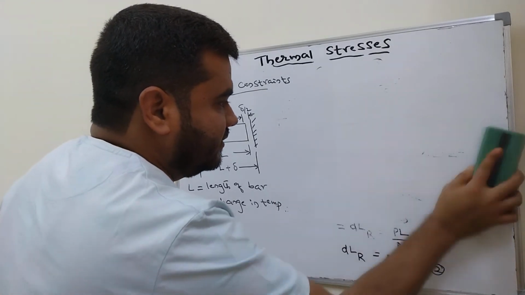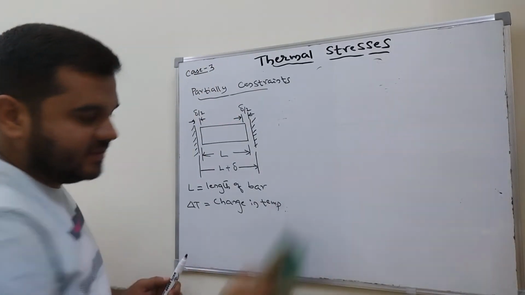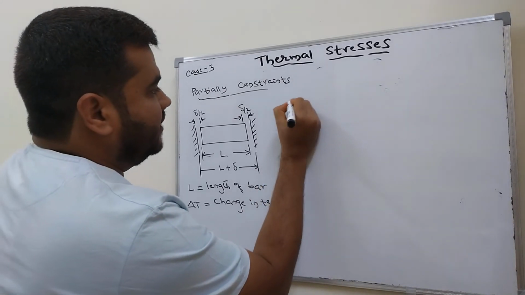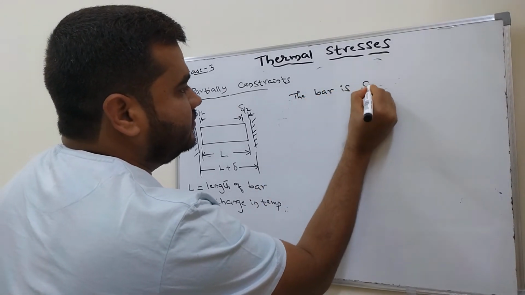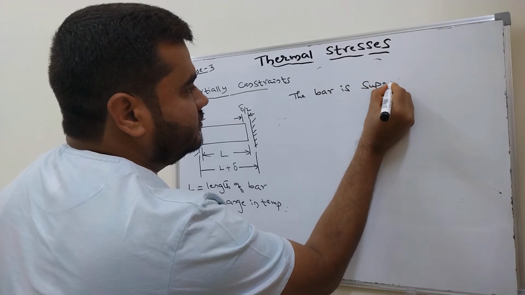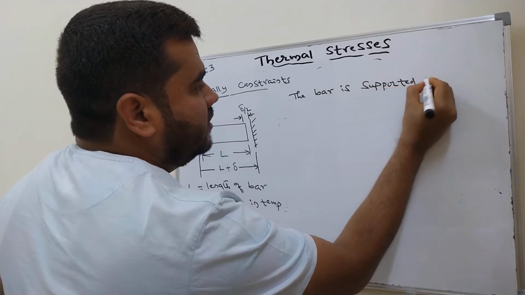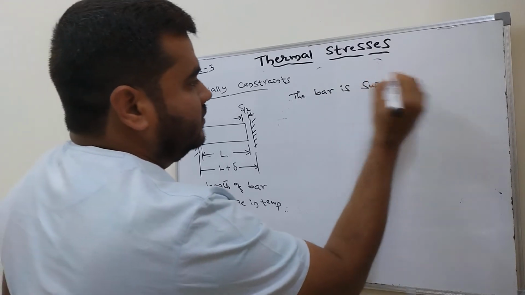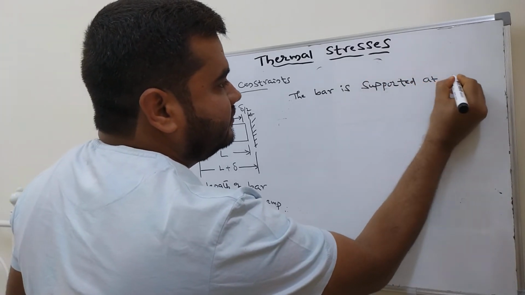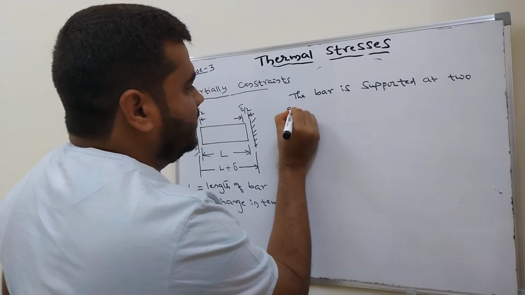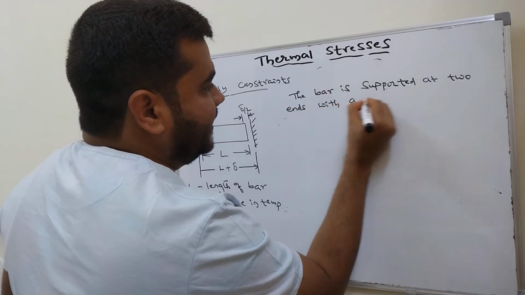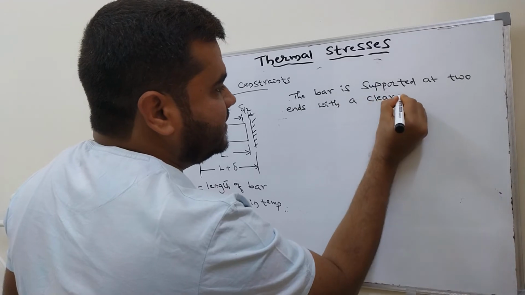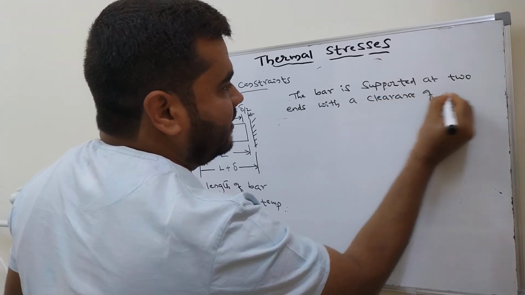The bar is supported rigidly at two ends with a clearance of delta.